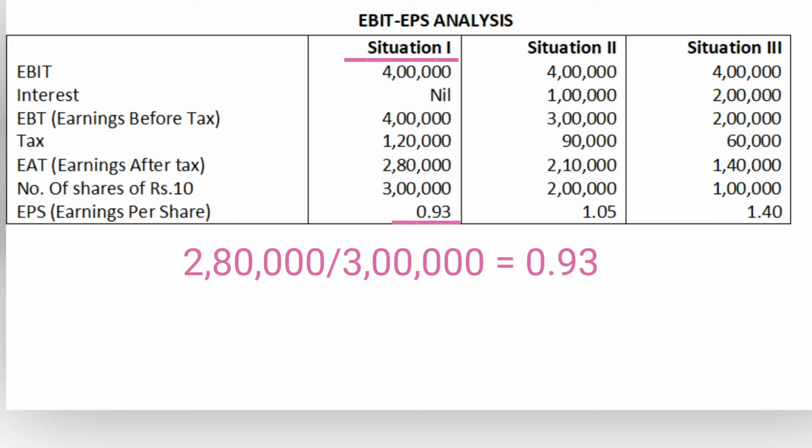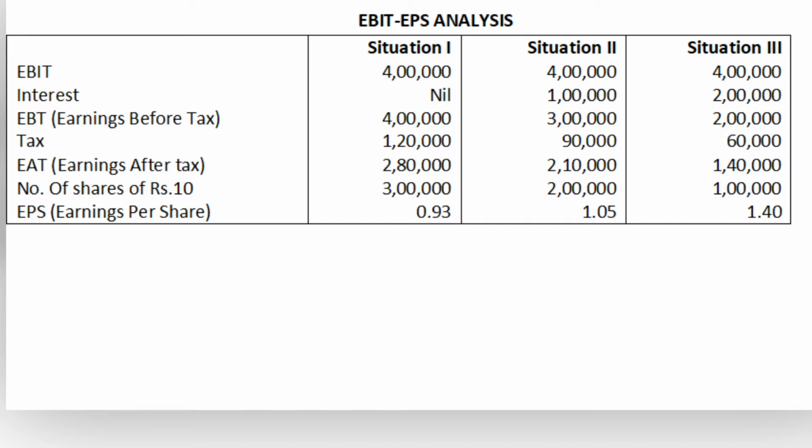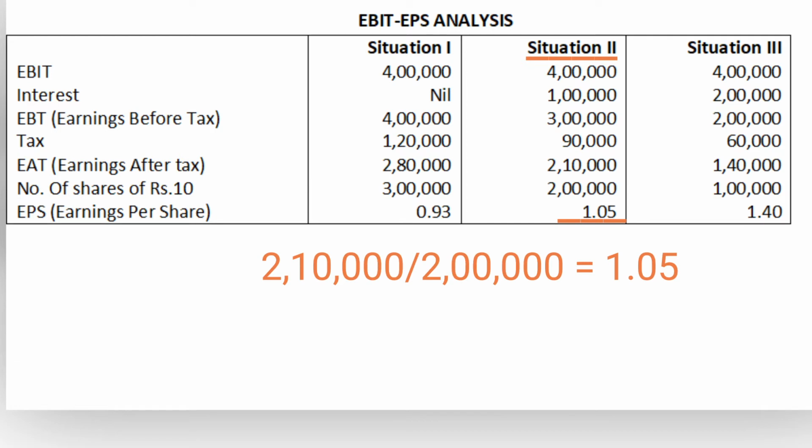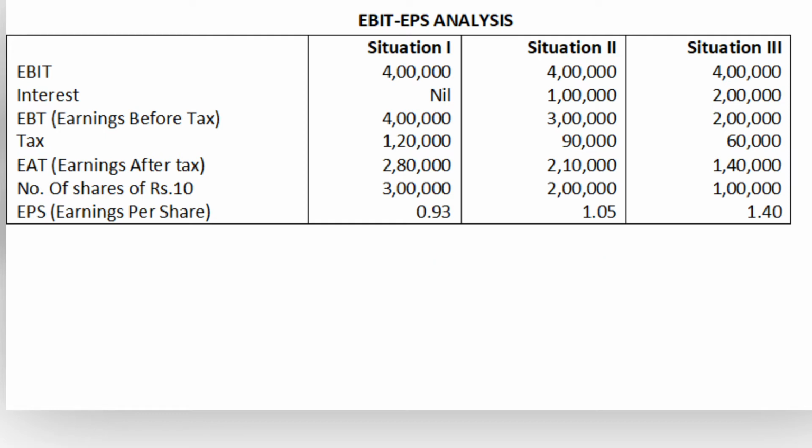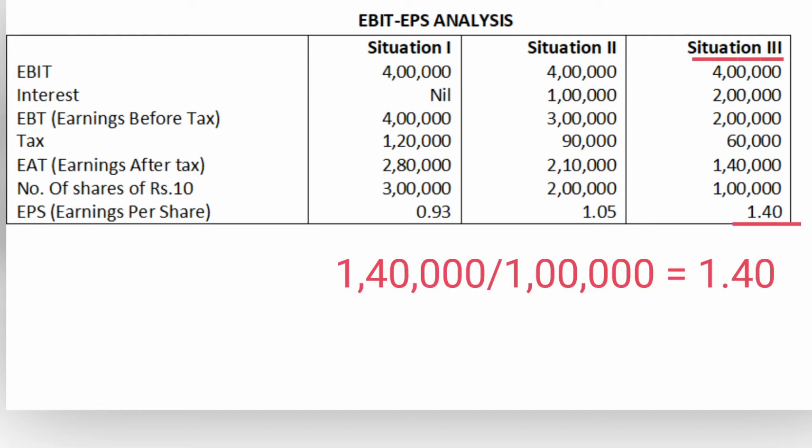So 2,80,000 divided by 3 lakhs is 0.93. In situation number 2, EAT, earning after tax, is 2,10,000 and number of shares is 2 lakh, which gives you 1.05 as earning per share. In situation number 3, it was 1,40,000 divided by 1 lakh, which gives you 1.40 as earning per share.